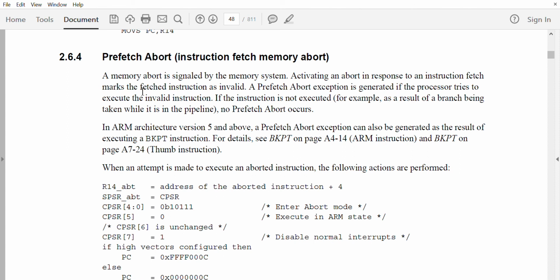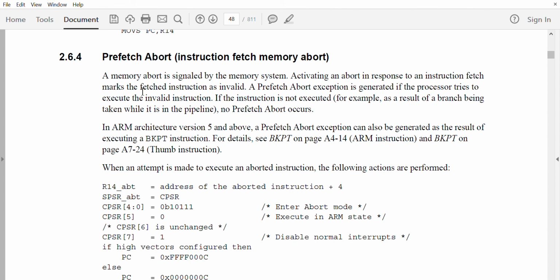Okay, so the processor is trying to fetch an instruction from the memory, but at that time the memory abort signal goes off. So when there's a memory abort, that means whatever was fetched from the memory is treated as invalid.